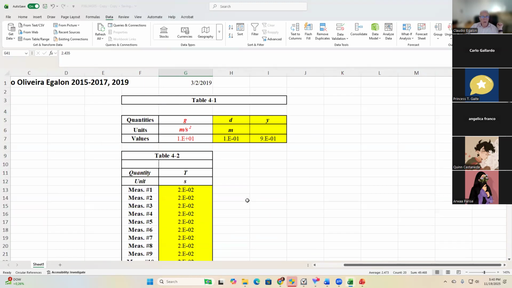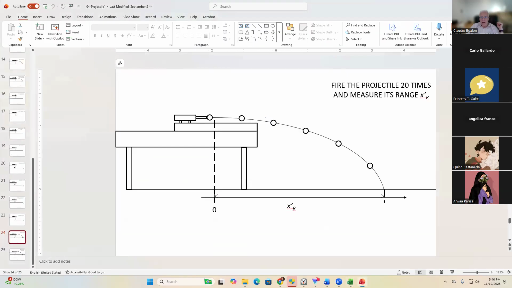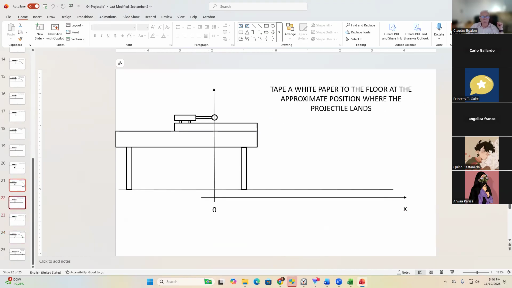You've got to know what D is, you've got to know what Y is, right? They're both lengths. D is the distance between the two photo gates. Y is the vertical distance of the projectile. Let me show you Y here.